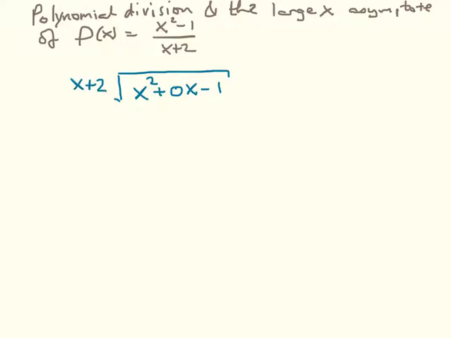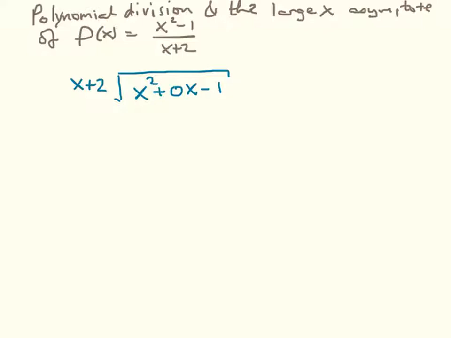Now, this works just as normal long division does. I take x plus 2 and multiply it by something which will give me the leading term, and then I have to subtract that much. So what do I need to do? I need to multiply x plus 2 by x, and x times 1, so 1x.